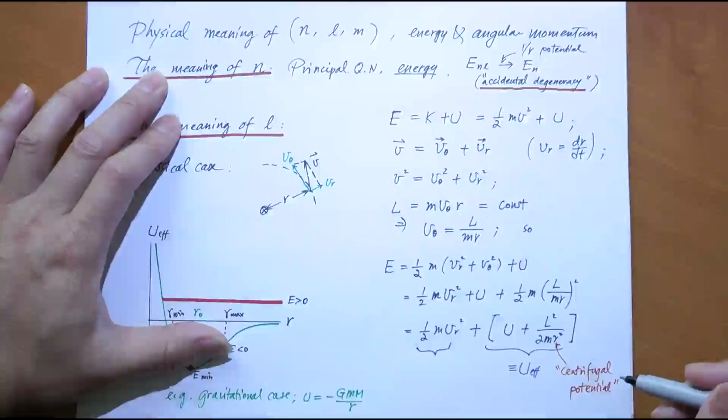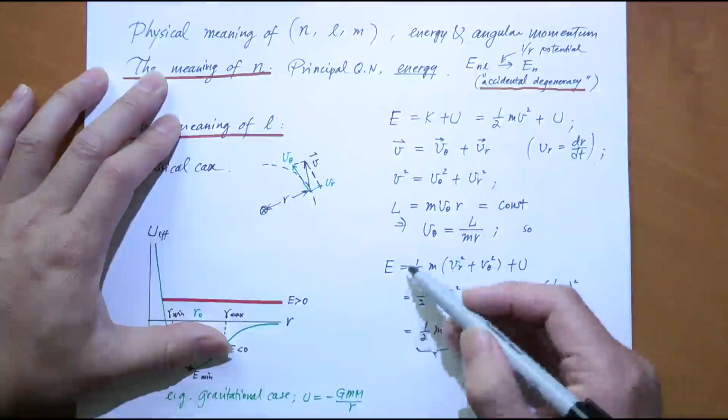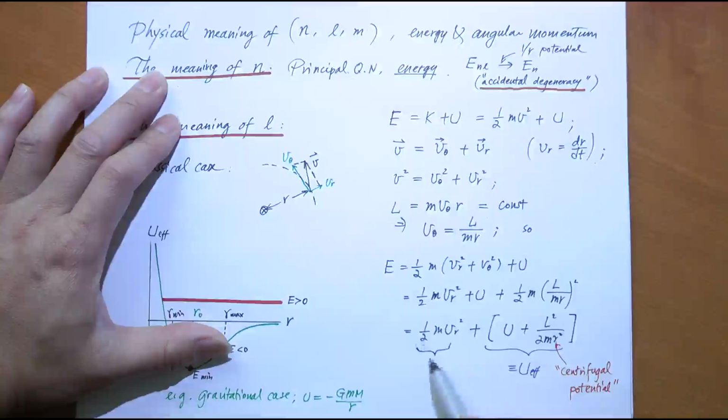So what I have arrived at is an expression for energy: the radial part of the kinetic energy plus this term, which is called the effective potential energy.